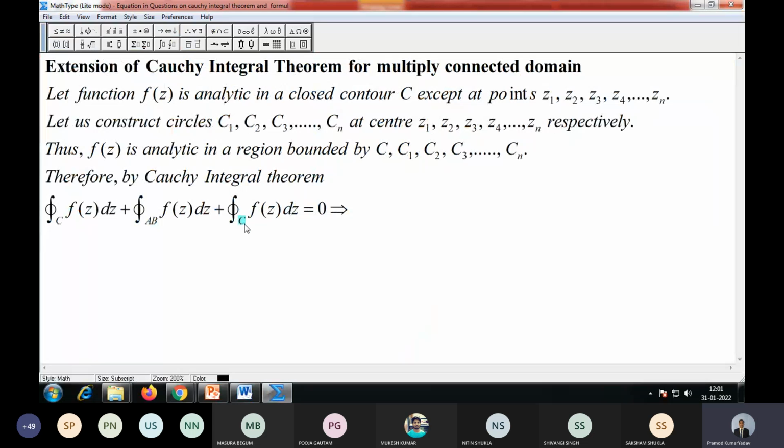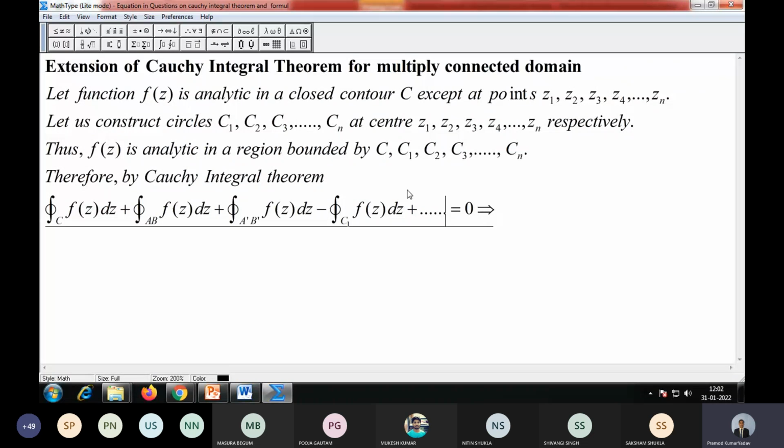Initially I write A'B', where A'B' is minus AB. So minus the integration over C1, and then plus so on, equal to 0.